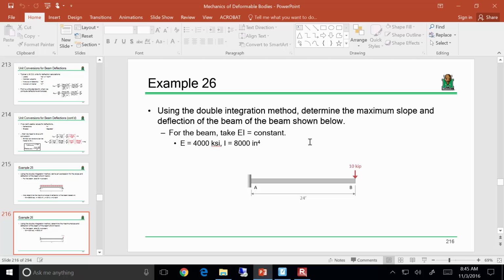Now, before we even start the problem, let's make a few observations. Point one, where is maximum deflection going to occur, before we even do any math? At B, right? Now, is that deflection going to go up or going to go down? There we go. Okay, we got that figured out.